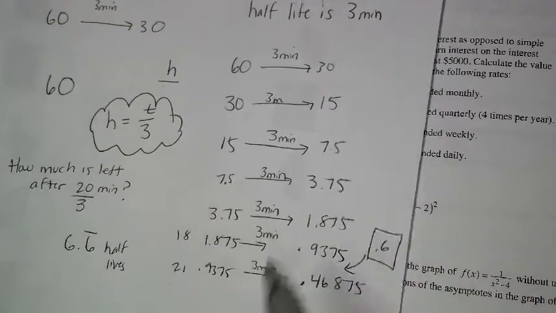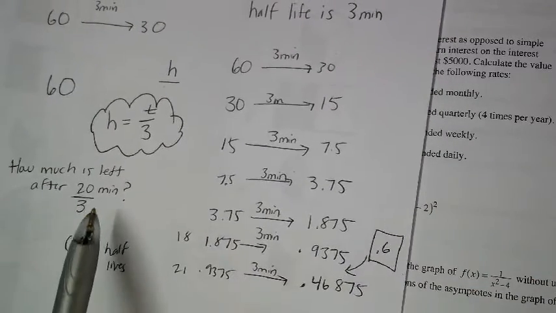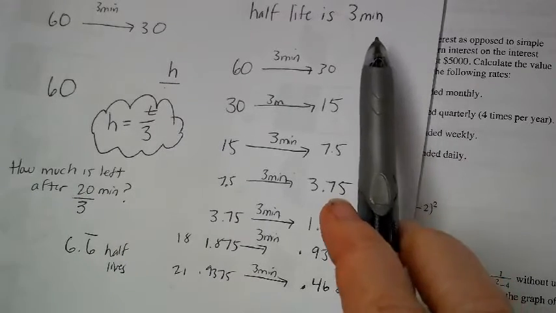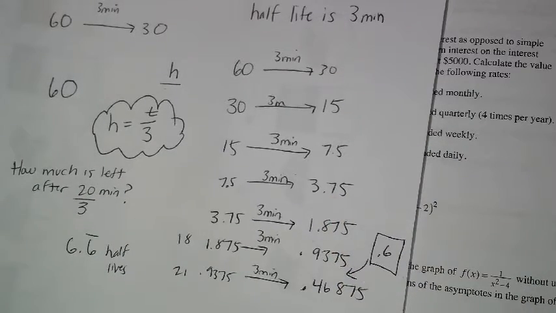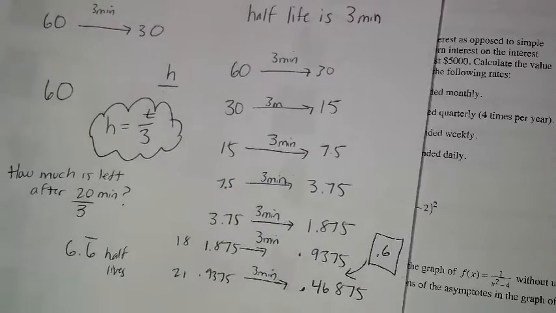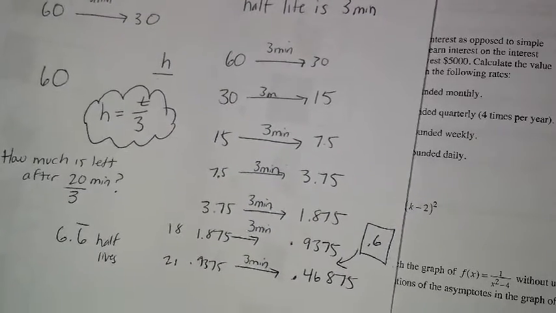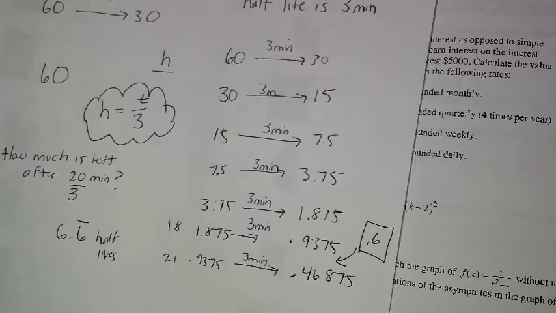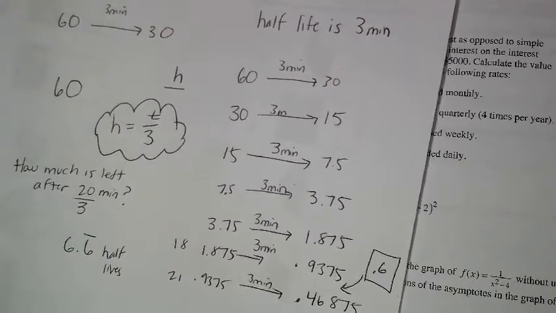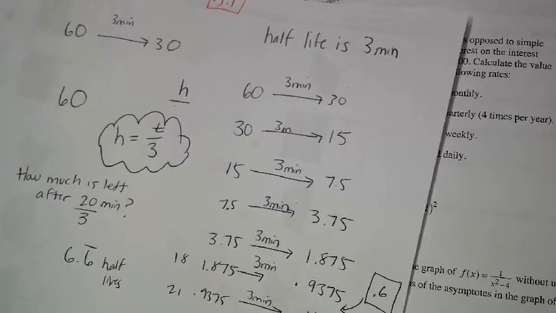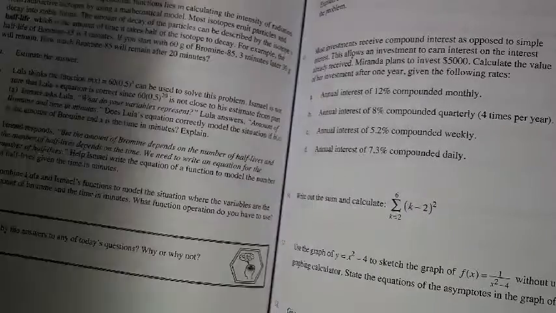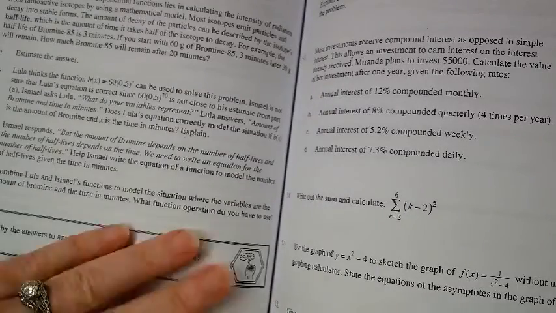So if I've got 20 minutes to work with, I can divide that by the 3-minute half-life, and that gives me how many half-lives there are. And then I could use Lulu's equation if I want. So this is a little equation so that we could put the number of half-lives into Lulu's equation.